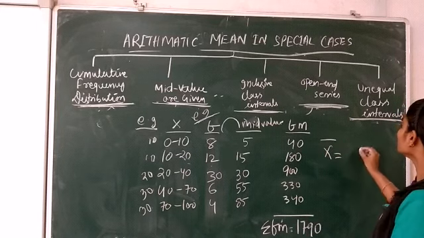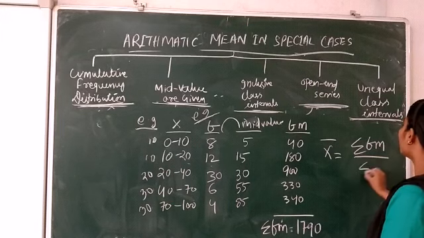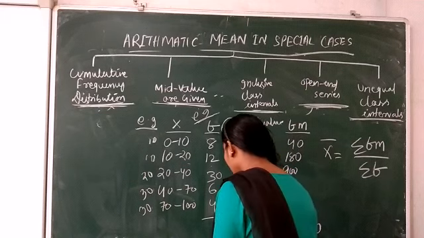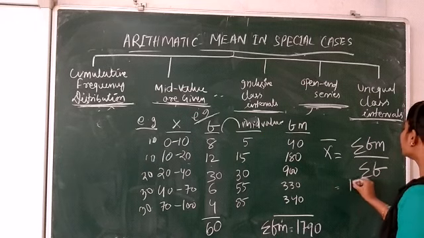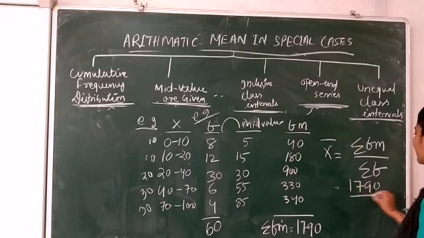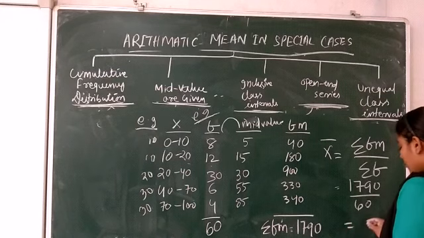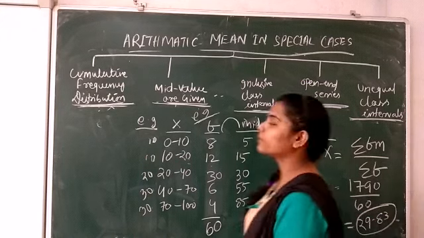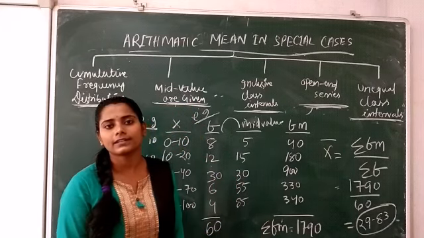So mean equals summation of FM divided by sigma F, and here the sigma F will be 60. So that means 1790 divided by 60, the answer will be 29.83. So in case of your unequal class interval, the calculation of arithmetic mean is like this.